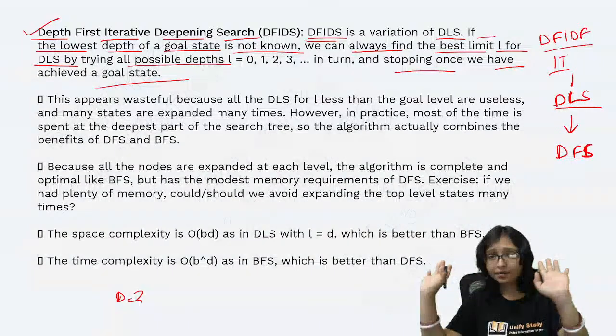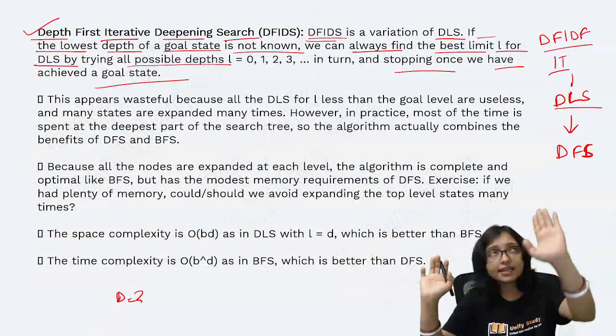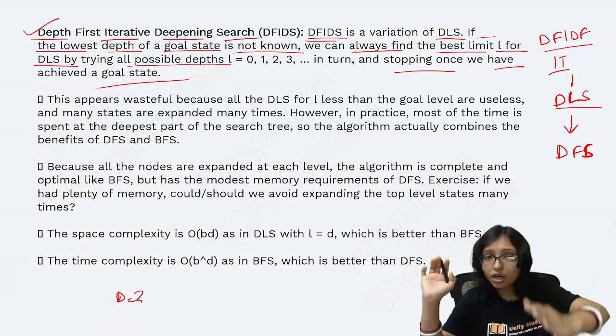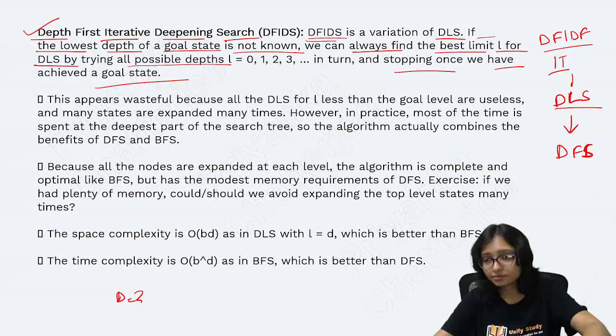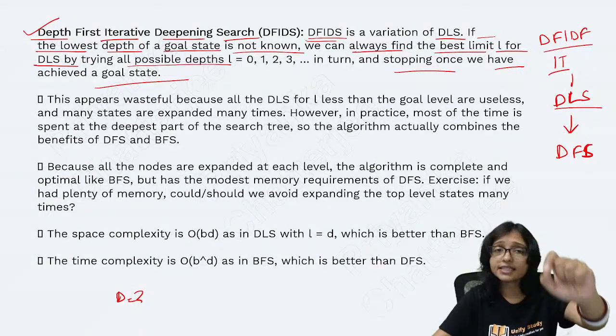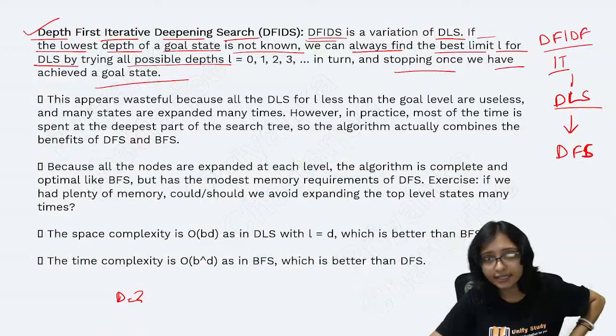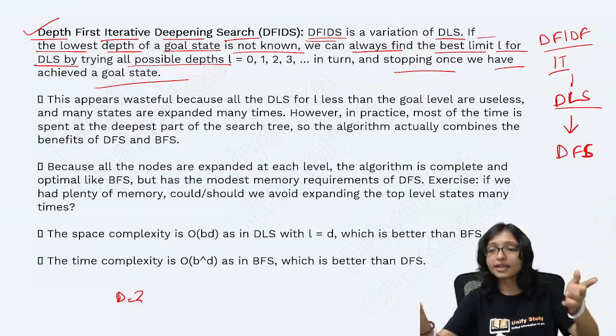So what is the advantage? Unnecessarily you are not going till the end; you go only as deep as required. If you fix the depth statically, there is a chance you will not get the goal node at that depth.